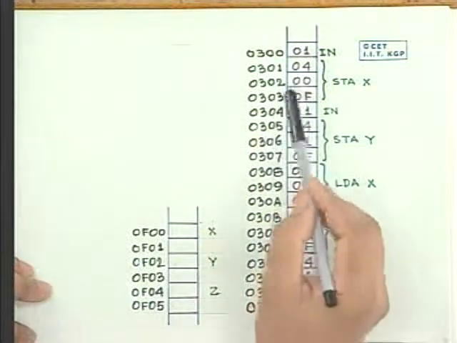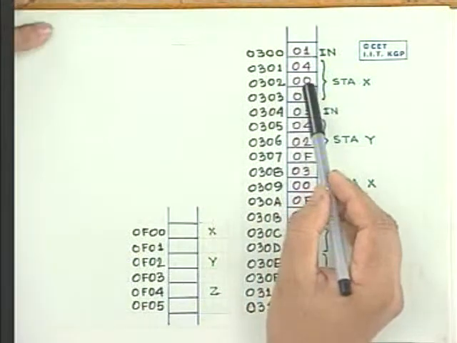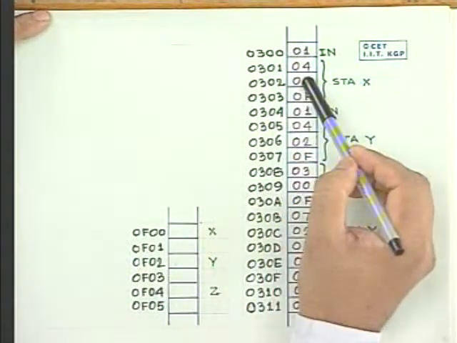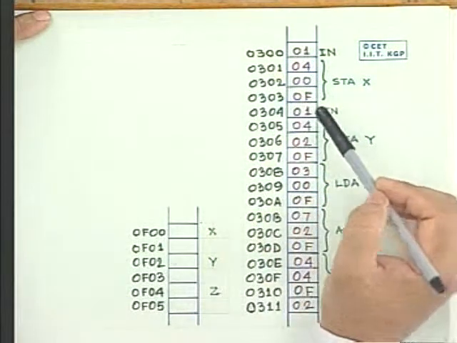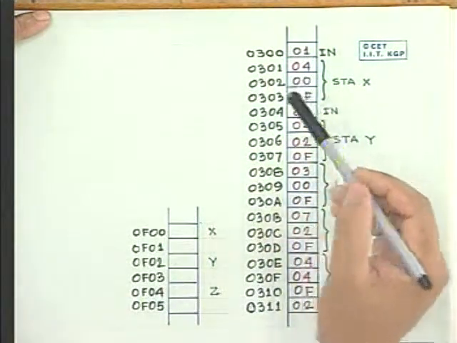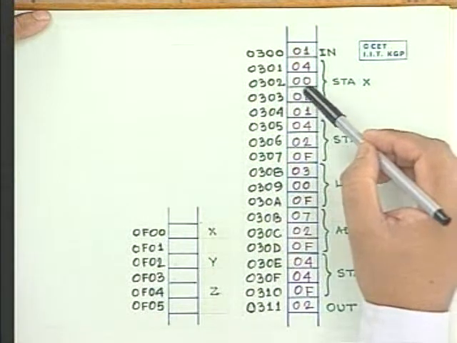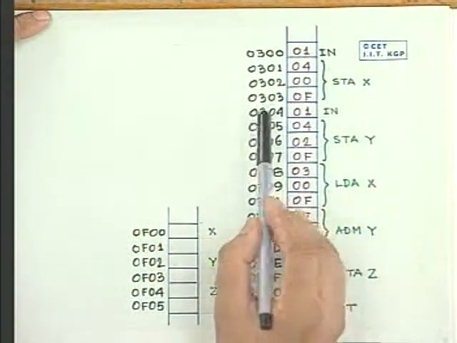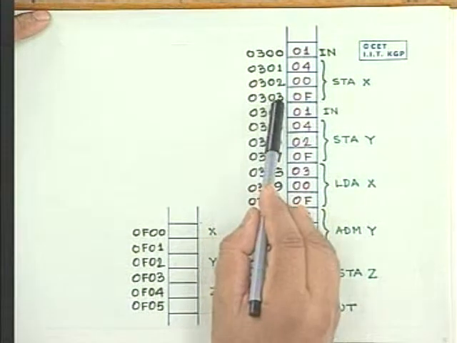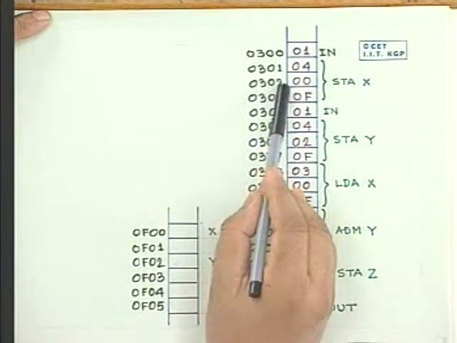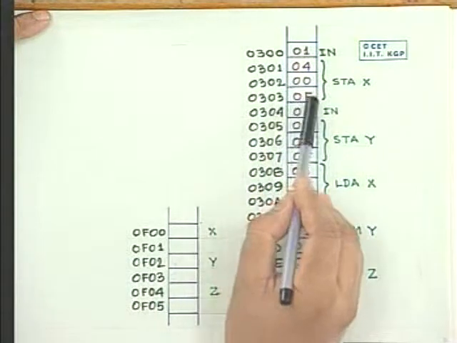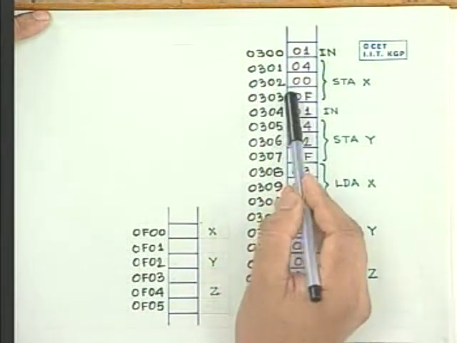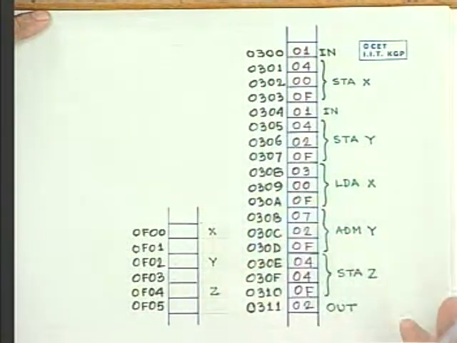By one word I mean 2 bytes taken together, that means 16 bits. For example, 0F00, which is in the locations 0303 and 0302, these two taken together, this one word can also be taken out of the memory.